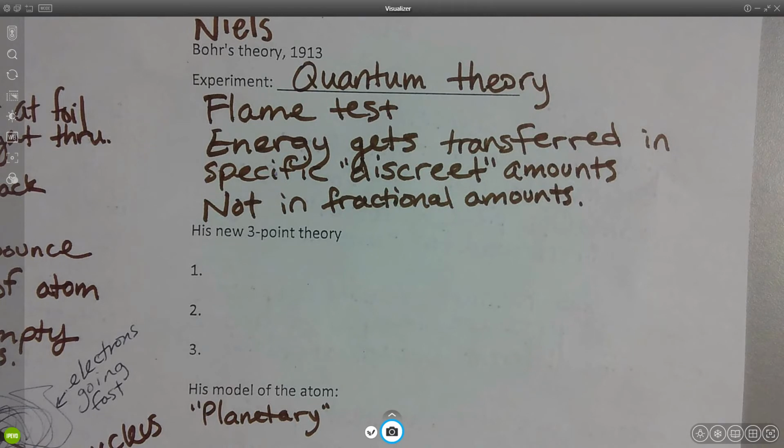It's a D. Somebody ask Siri real quick. What does the word discrete mean? No, discrete, not discreet. What does discrete mean? So like really specific, right?